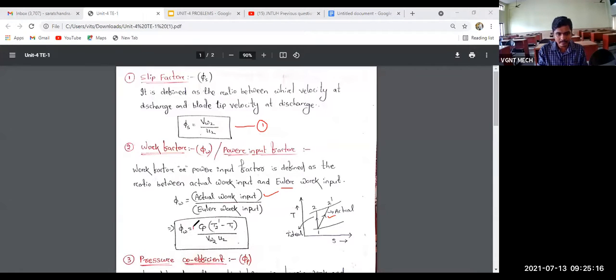Actually, this is m Cp delta T, and Euler work is m VW2 U2, but the mass cancels out. So this is the work factor.